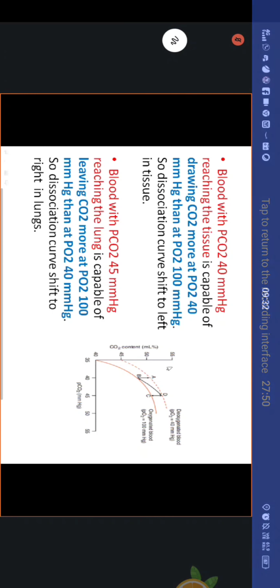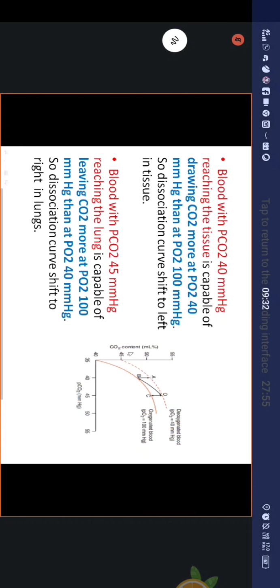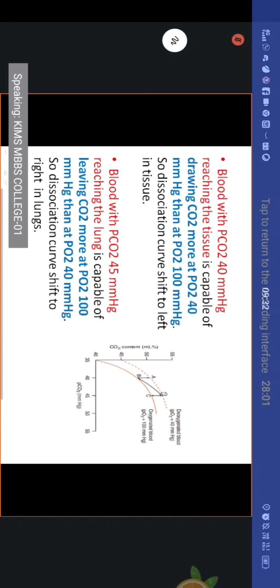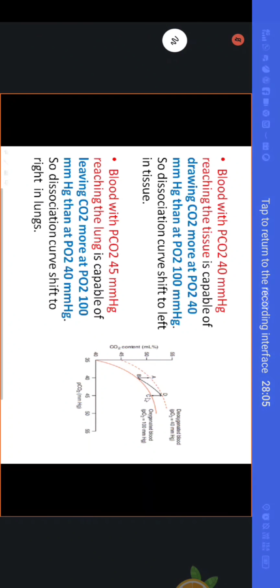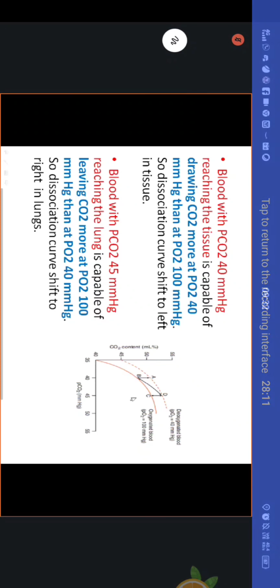As I told earlier, left shift means more binding of CO2, whereas right shift means less binding. So in deoxygenated blood, increase in body temperature helps in shift to left of the dissociation curve, whereas oxygenated blood and 2,3-DPG decrease the binding, so they help in shift to right.